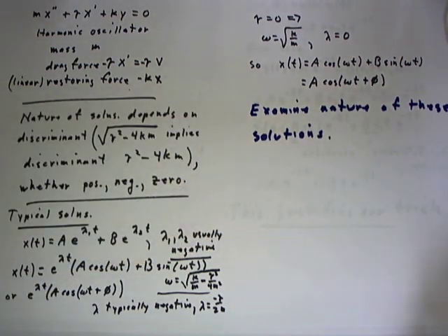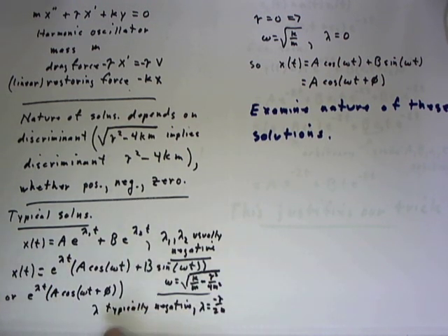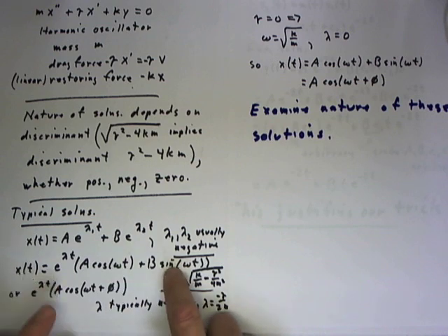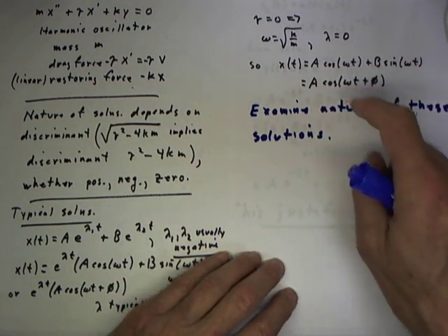We pretty much know where they come from, and with experience we'll have a better idea of where they come from. But what is the nature of a solution that looks like this, as opposed to a solution that looks like this, or as opposed to a solution that looks like this or this?